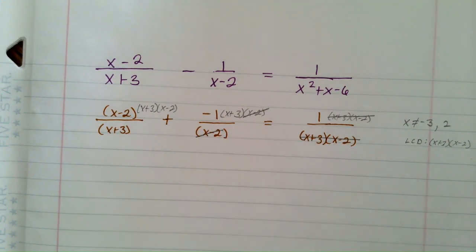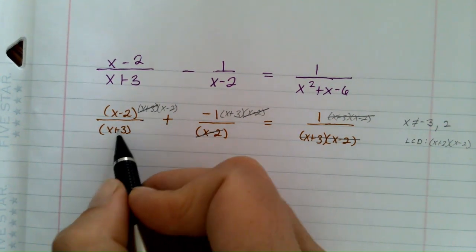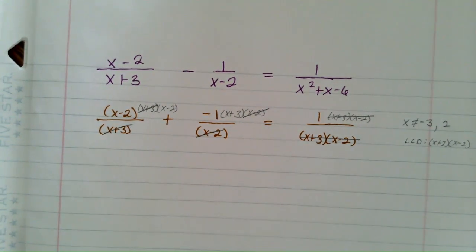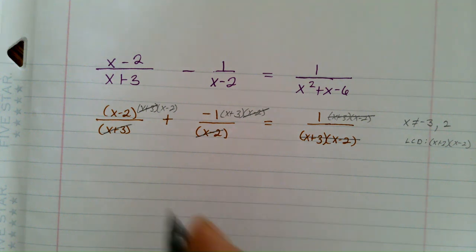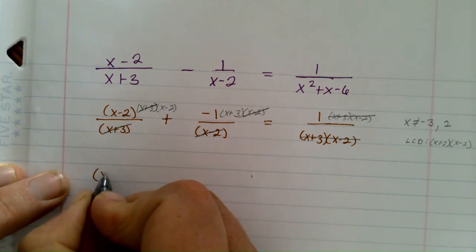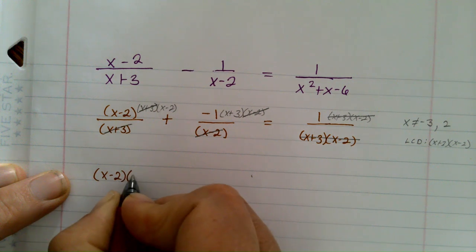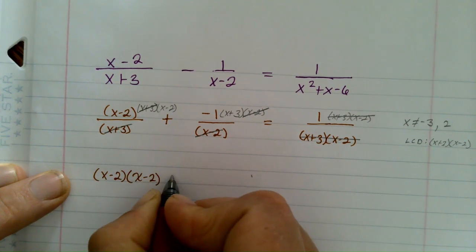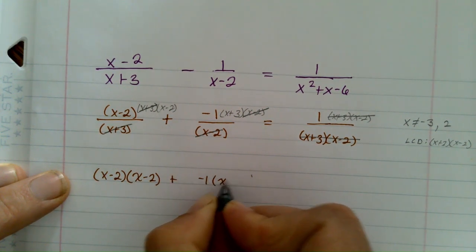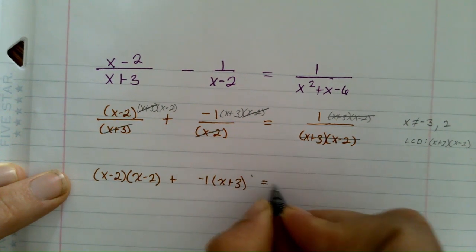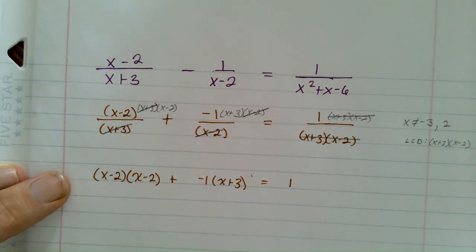Here the x minus 2 quantity cancels out, and here the x plus 3 quantity cancels out. We're left with x minus 2 multiplied by x minus 2 plus negative 1 being multiplied by x plus 3 equals just 1. There's nothing left for it to multiply by.